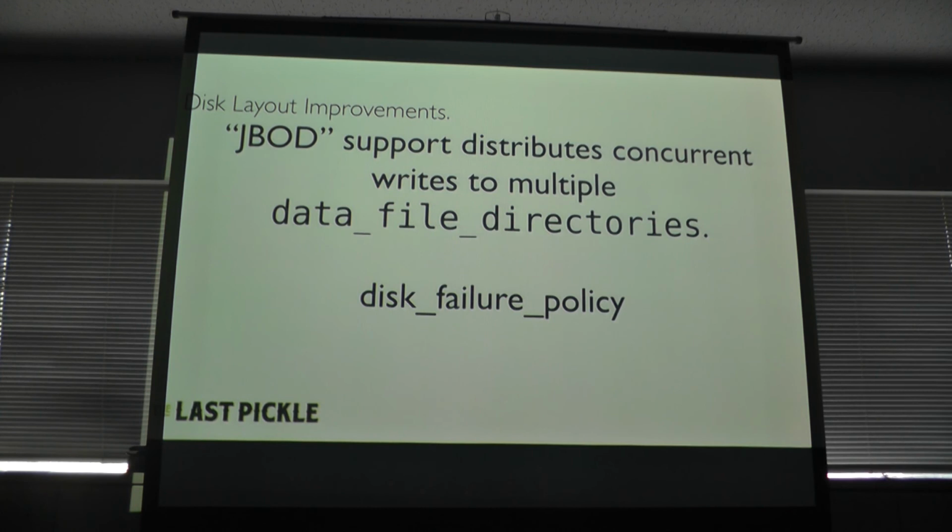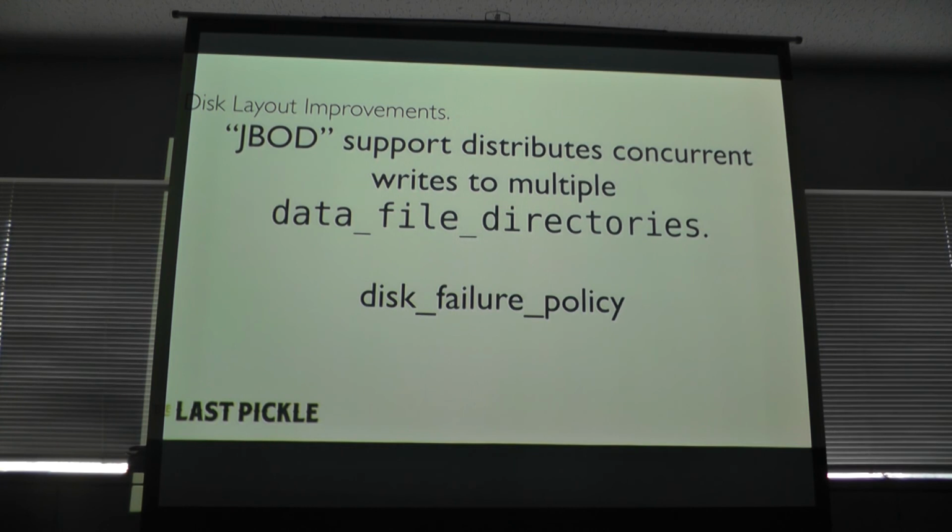There are some good disk layer improvements. We now have, under the umbrella of an idea called JBOD, just a box of disks, better support for having multiple data directories specified in configuration. Cassandra will choose the data volume that has the most space that is also not being written to by another process.